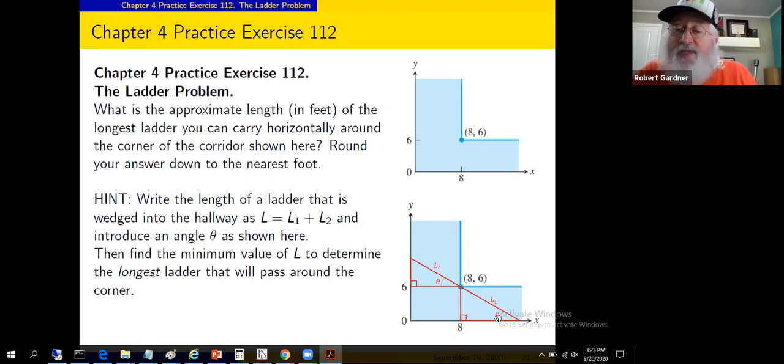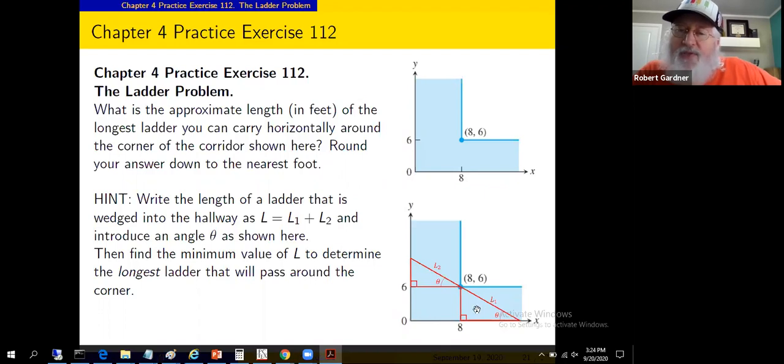Okay, we're introducing this angle theta, as given here. L1, the length of the ladder stuck here, and L2, the length of the ladder stuck there. We're trying to get this ladder around the corner. If it won't go around the corner, this ladder's too long, and it doesn't look like this one will go around the corner. Let's see, I got it wedged in there.